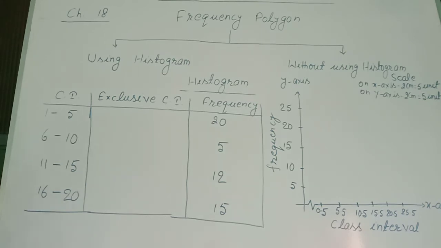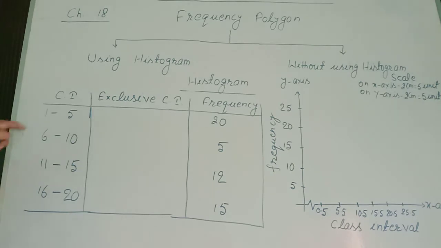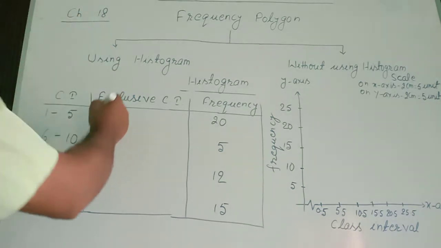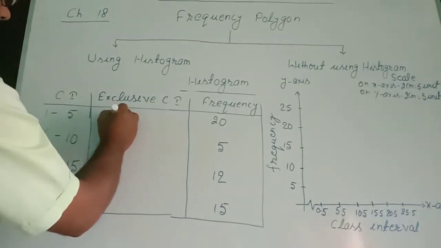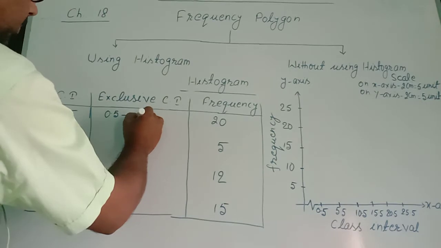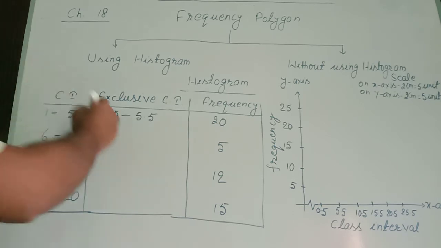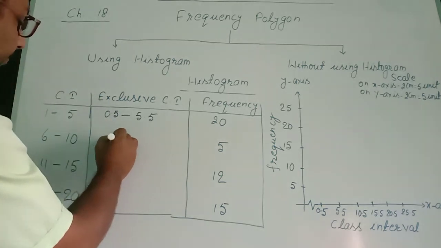So first of all, we change this into continued class intervals or exclusive class intervals. For that, we subtract 0.5 from 1, so we get 0.5. We add 0.5 to the upper limit, 5 plus 0.5 became 5.5. Similarly, we subtract 0.5 from the lower limit of the second class interval, that became 5.5.